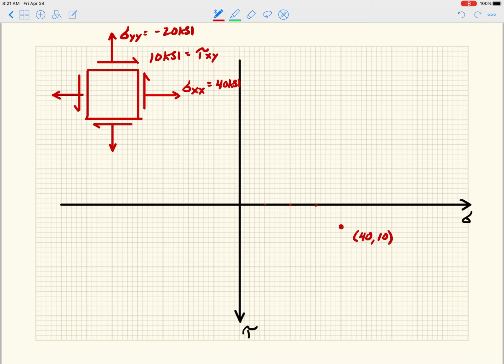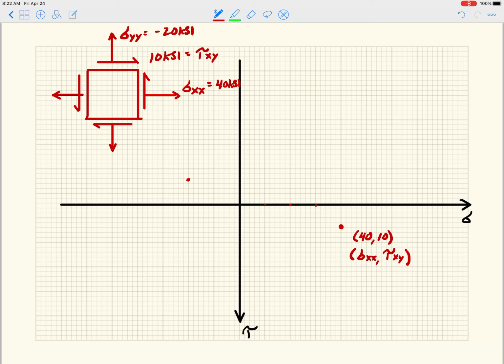Again, like the 10,000th time, we're plotting tau positive downward. Right? And then we look at sigma yy, and we're going to plot sigma yy comma minus tau xy. So this guy here is sigma xx tau xy.